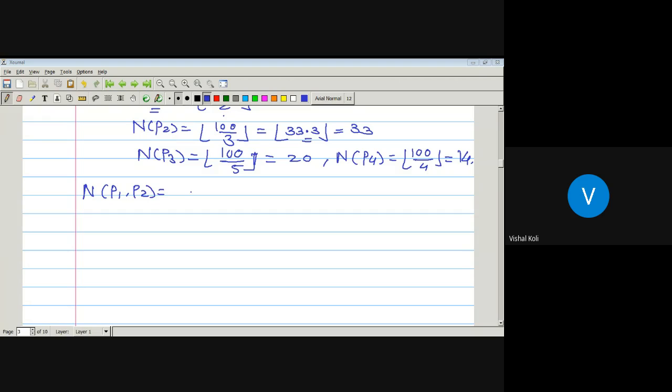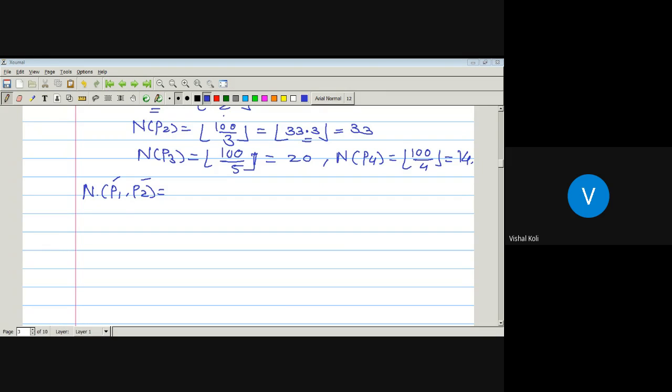Now, n of P1 P2. Here we have to find the number of integers which are divisible by 2 and 3. P1 is the property of integers divisible by 2, P2 is the property of integers divisible by 3. But n of P1 P2 is the number of integers which are divisible by both 2 and 3.